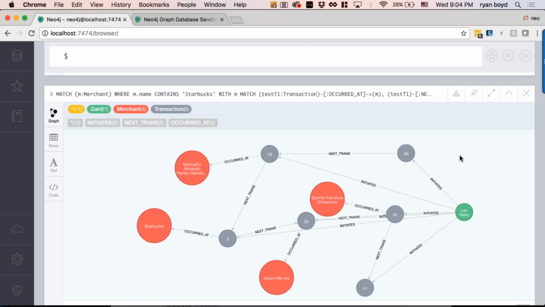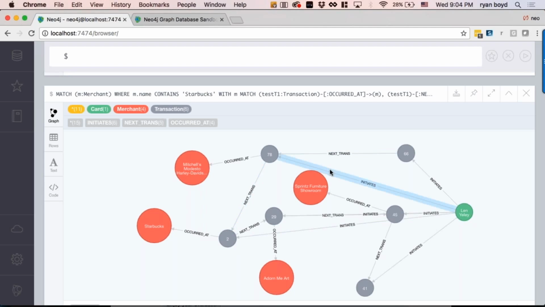What that means is that as you're traversing across these relationships, so you're traversing from one transaction to the next transaction to the merchant, and all the way back to the cardholder, each of these hops, each of these lines or arrows or relationships that you're seeing on here in a SQL database would be a join operation. And those join operations are super expensive because it's doing index lookups on each and every join.